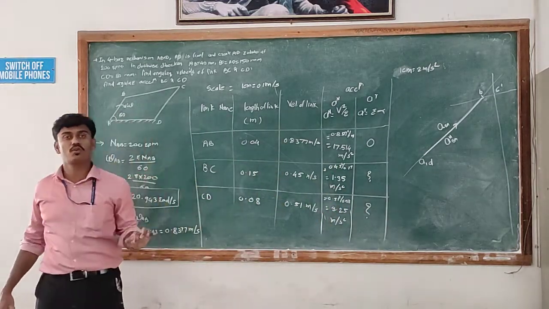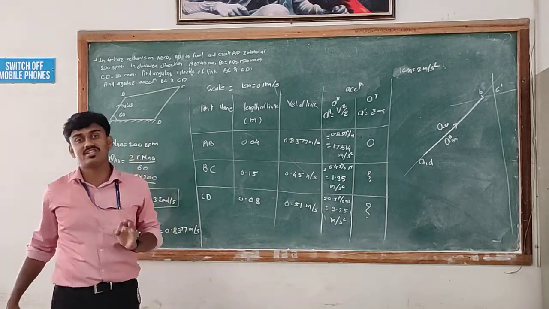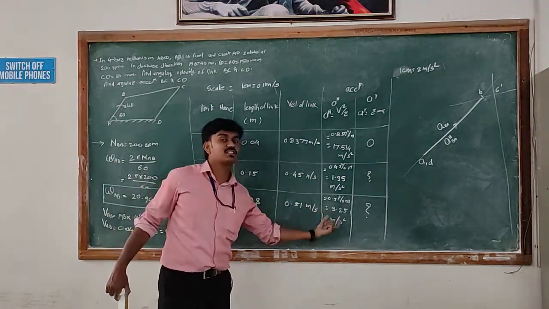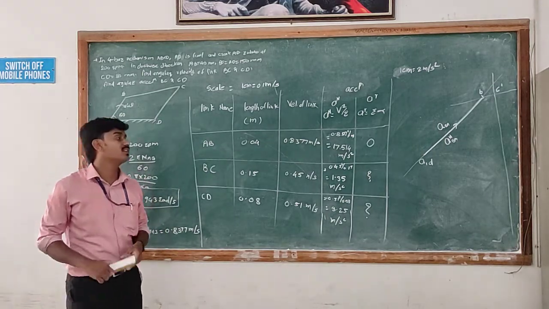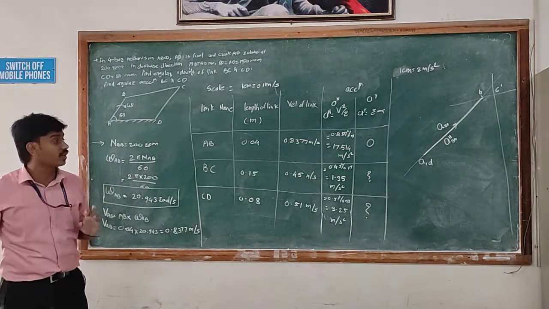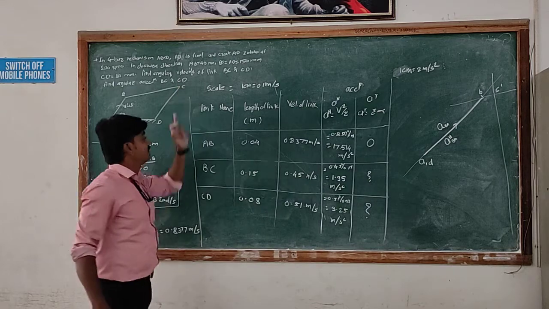The normal component of acceleration is always parallel to the link and the tangential component of acceleration is always perpendicular to the link. So draw one vector or line which is passing through point D and parallel to CD.